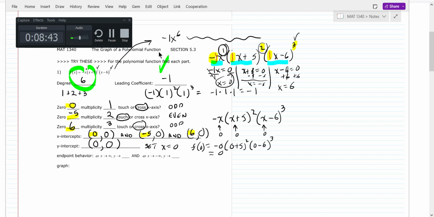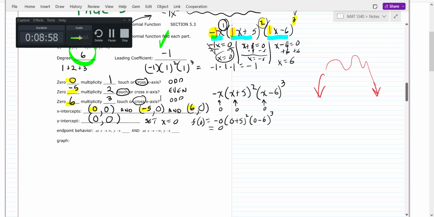So with this information, we know our graph is basically going to have this kind of structure to it. It may connect; we'll figure out how it connects in a minute. But we know that automatically. Now, we'll fill out that end behavior once I do the graph. I'm going to do the graph first.